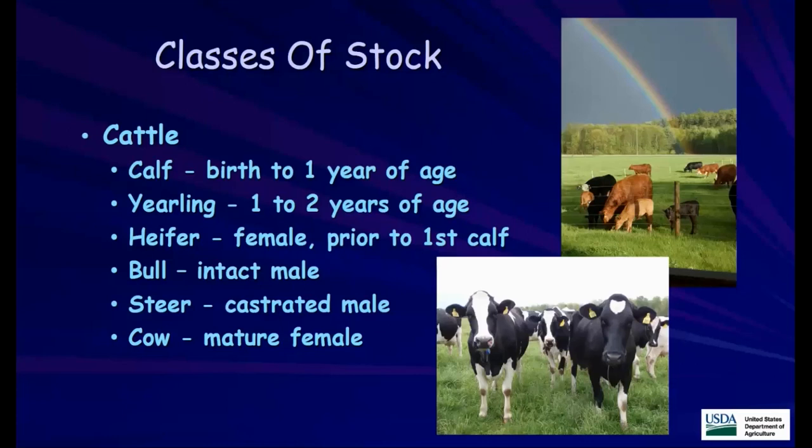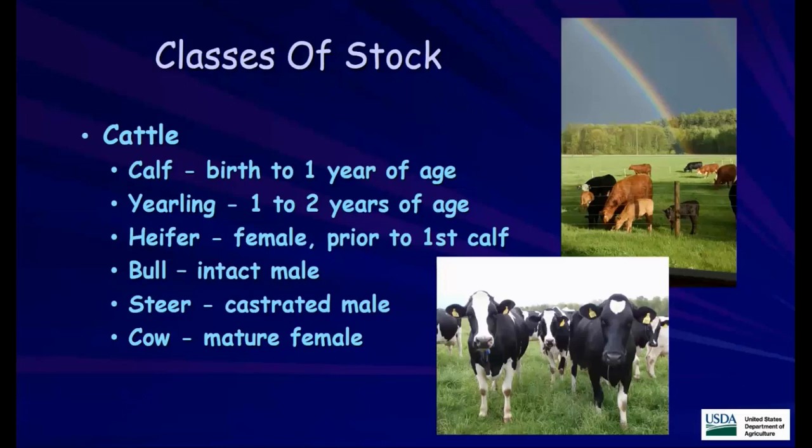Now, a heifer is a female that has not had a calf yet. And sometimes you'll hear a producer refer to a first calf heifer. That is basically a young animal that has had her first calf, and it's just a way to designate that she hasn't become a fully mature female yet.